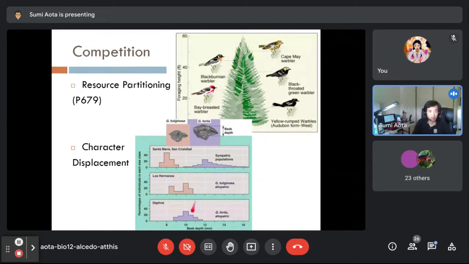The larger ones, the bigger beaks have been selected for, so they directionally selected to the larger size. Now the two species don't overlap, and since they don't overlap, they don't compete anymore. So here they're probably eating the same kinds of food. Here they wouldn't be because their beak sizes are very, very different. So the character beak depth was displaced by the two organisms competing against each other. Okay.